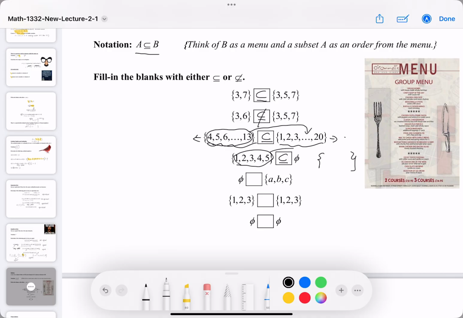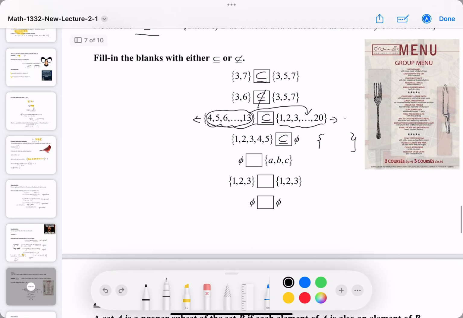This element is not an element of the empty set phi. Okay, let's see. Phi is a subset of the set ABC. Yes or no? Think about it. I'm going to say yes.